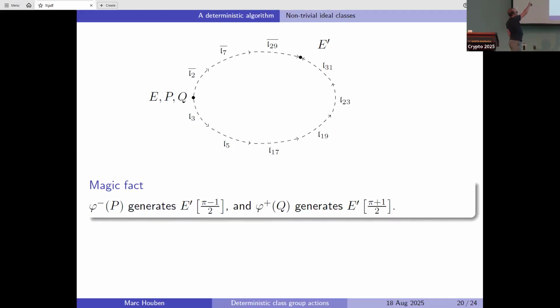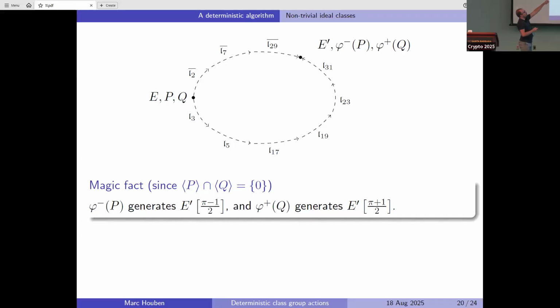So let's say I take the isogeny φ minus, so it goes clockwise, and I push through the point P. Then this doesn't get annihilated. In particular, it remains a point of full order. The same if you go the other way with the point Q. Why is this true? Because the kernels intersect trivially.